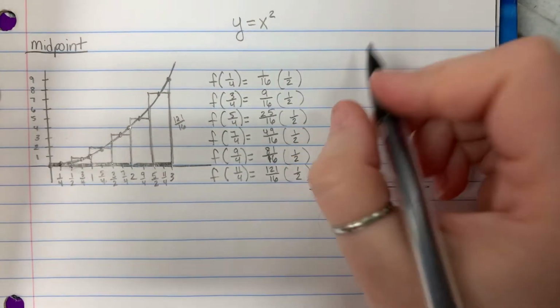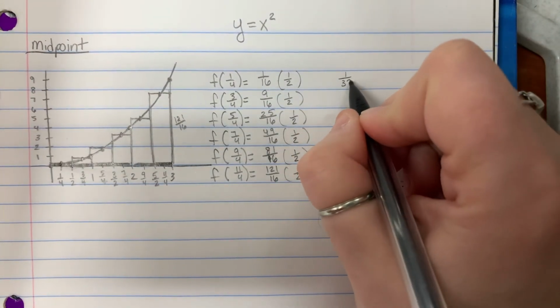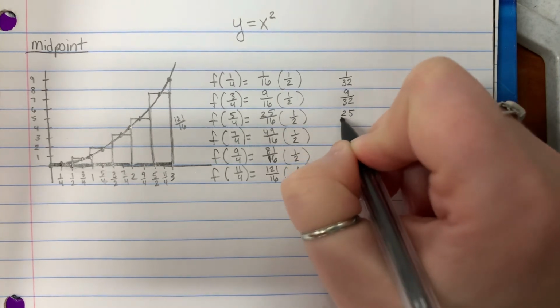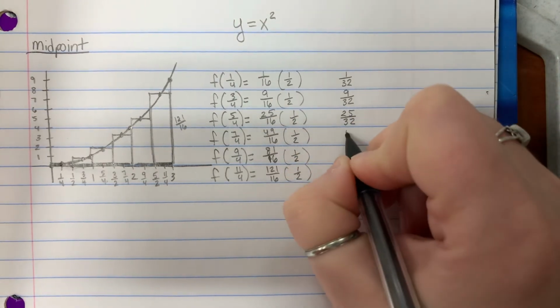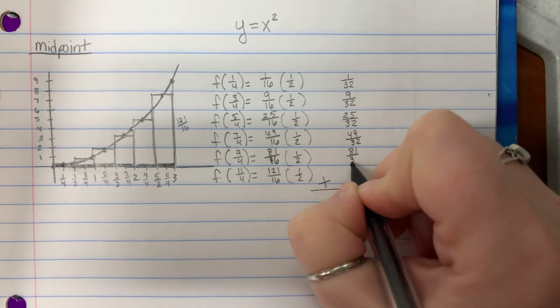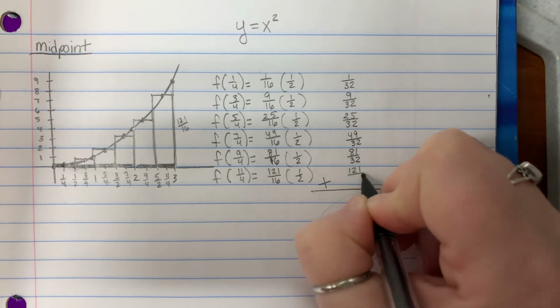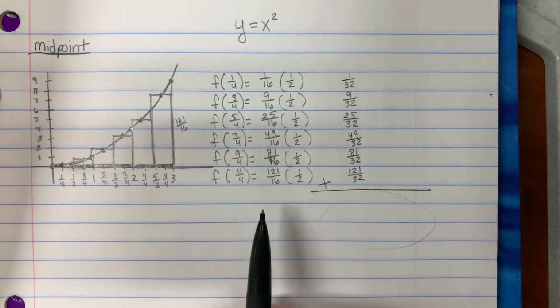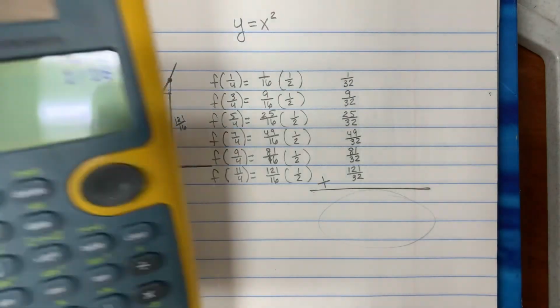All right, so this one ends up 1/32. This one is 9/32, 25/32, 49/32, 81/32, and 121/32. So since all these ended up over 32, I could just add up the tops.